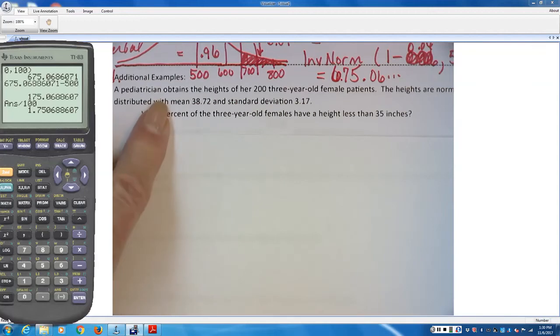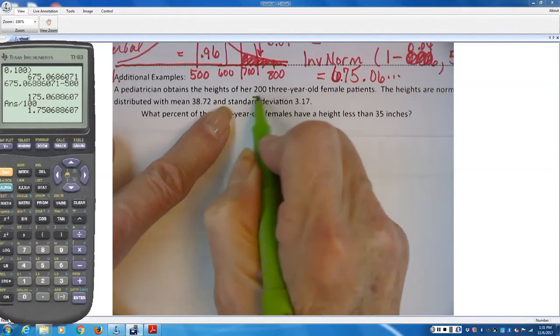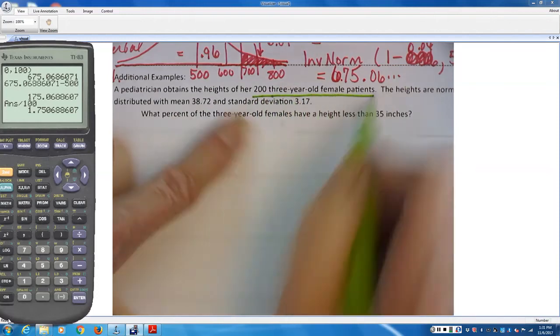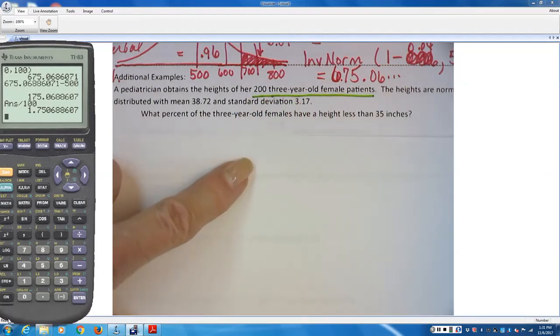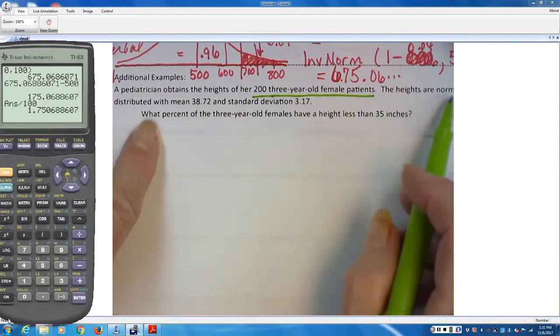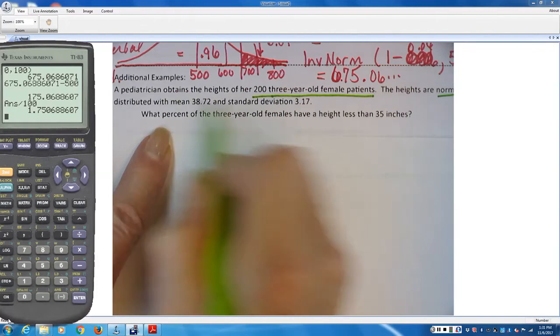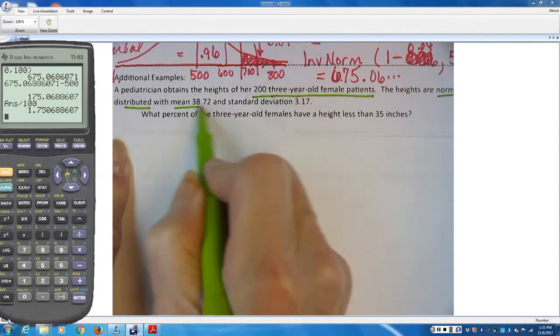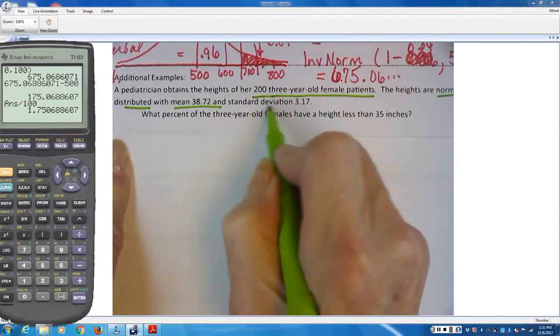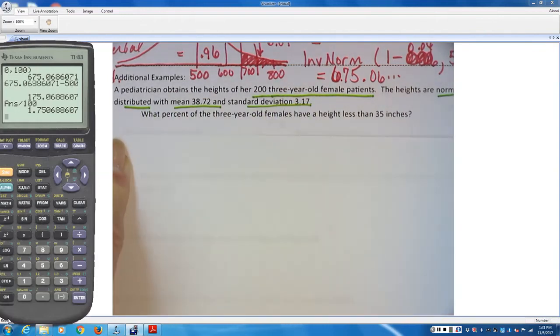So we have a pediatrician, and that pediatrician obtains the heights of her 200 3-year-old female patients. Now, if she only has 200 patients, then whatever she finds out is from her population. And it says these heights are normally distributed with a mean of 38.72 and a standard deviation of 3.17.